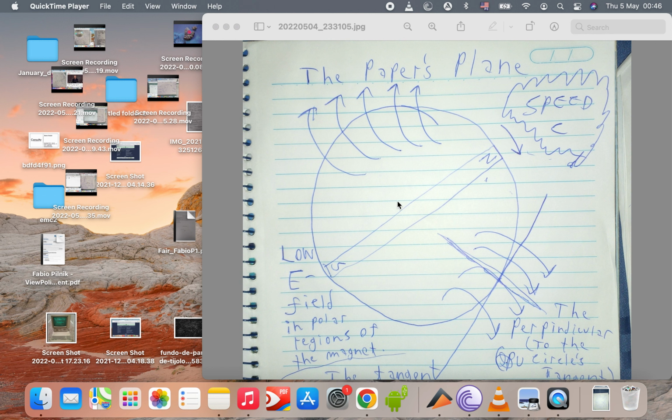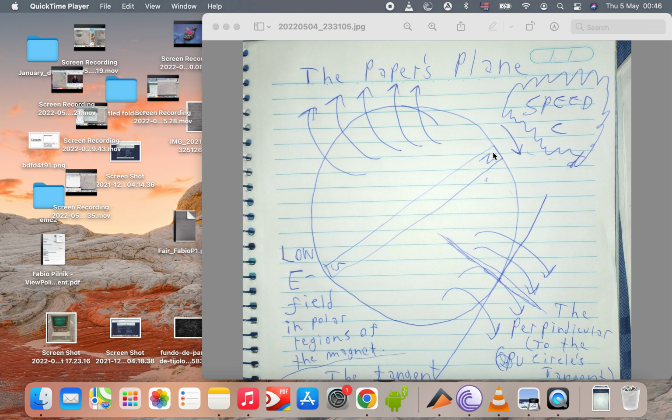So, by doing that, we can start to imagine the magnet as a three-dimensional structure, but we complete the third dimension by filling in the electric fields instead of filling in the magnetic fields.